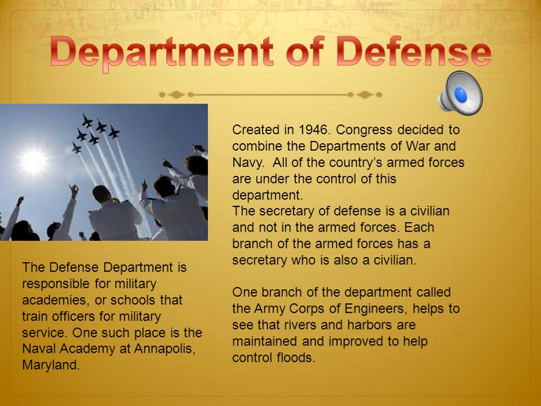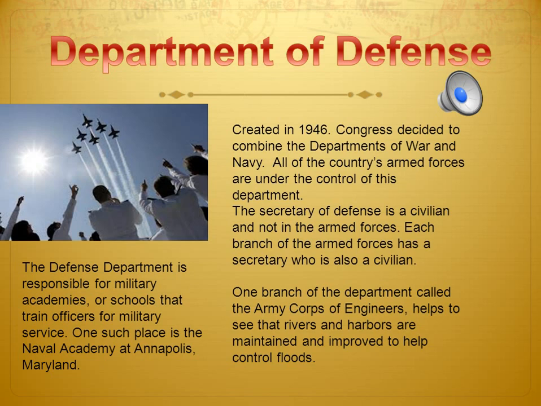One branch, called the Army Corps of Engineers, helps to see that rivers and harbors are maintained and improved to help control floods. There are also military academies that the Department of Defense is in charge of, the training grounds for our military. And so each branch of the armed services has a specific academy.